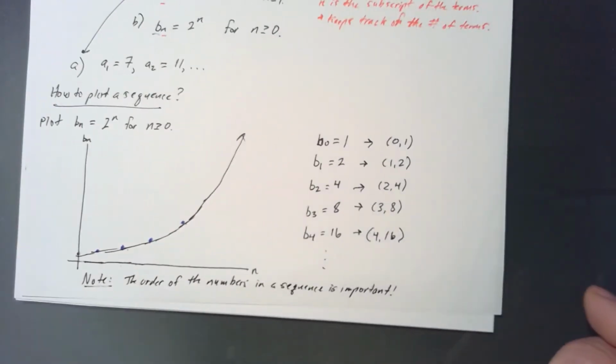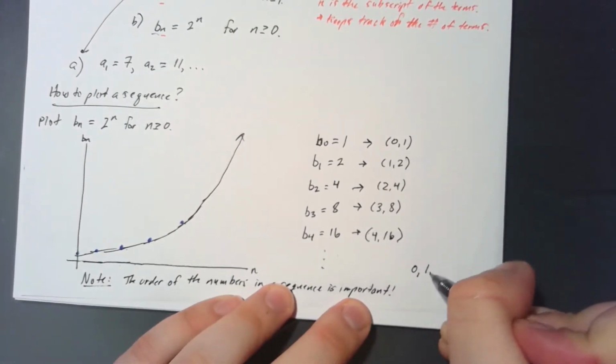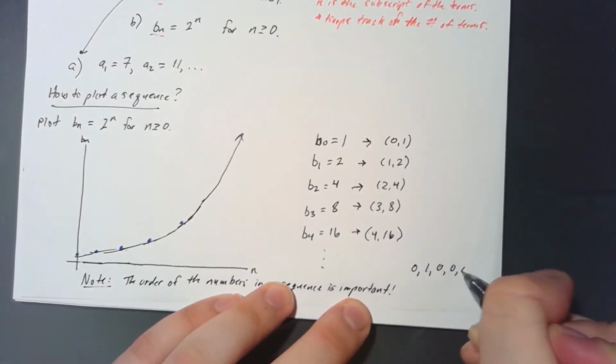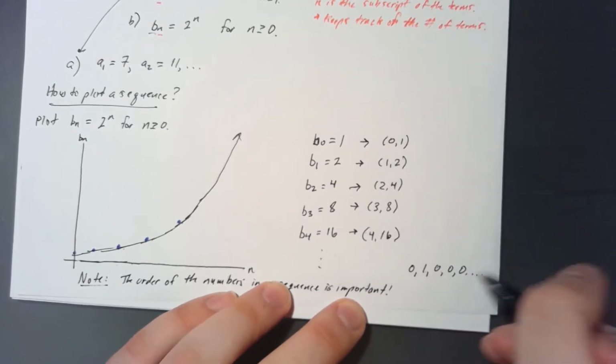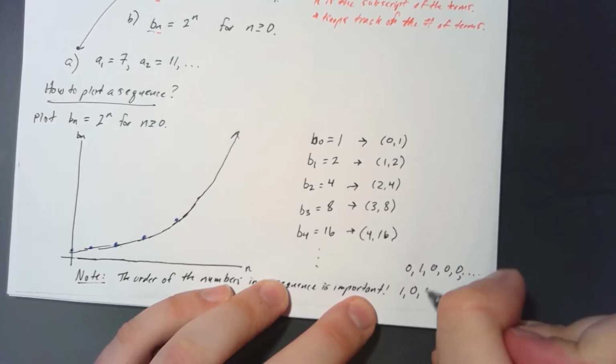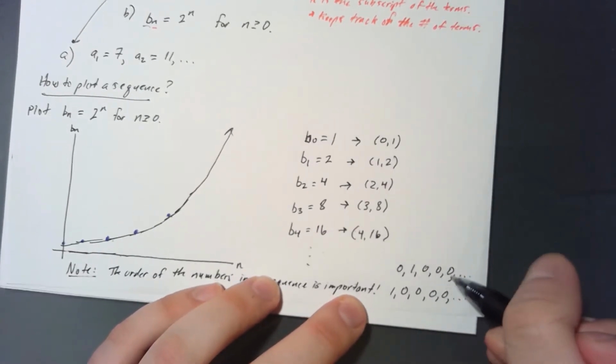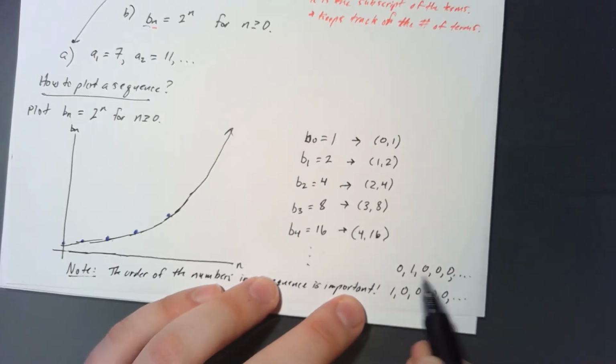So, for example, if I had the sequence 0, 1, 0, 0, 0, dot dot dot, and this sequence 1, 0, 0, 0, 0, dot dot dot, even though they contain the same type of terms, they're in a different order.